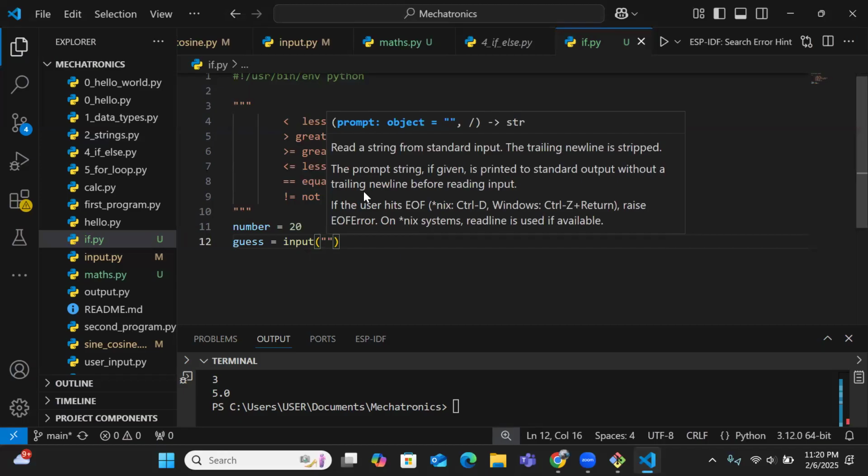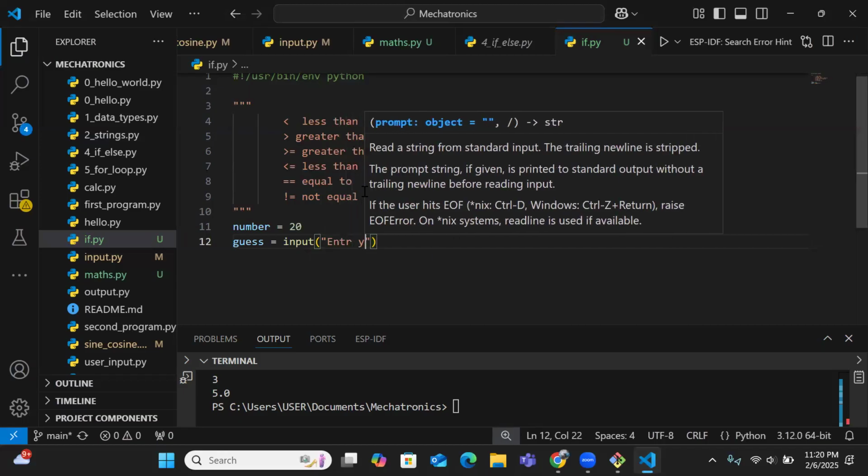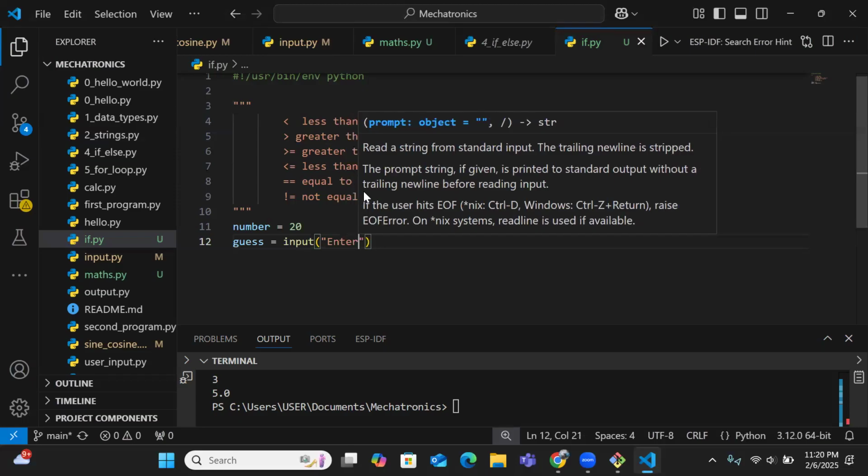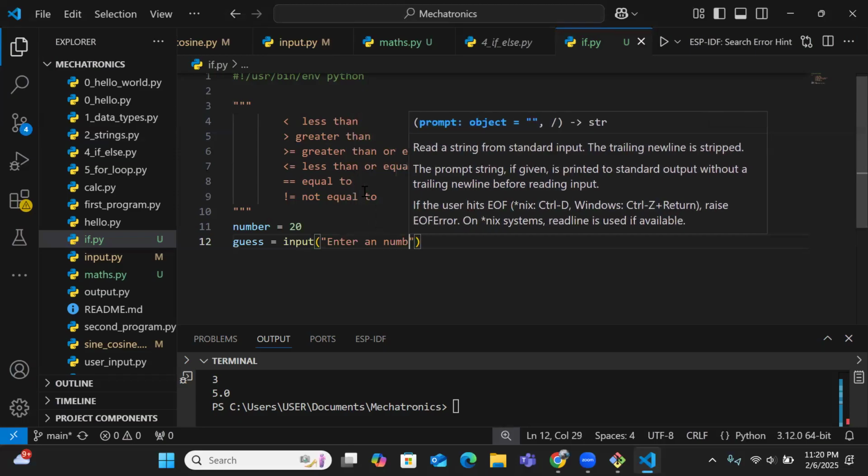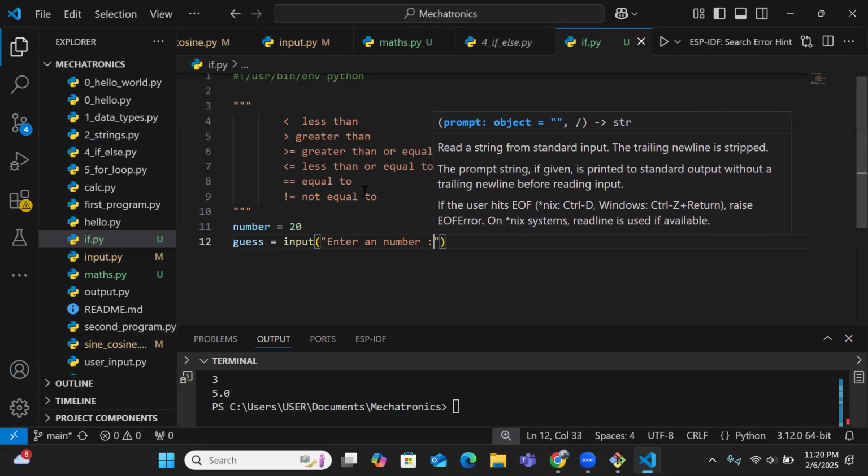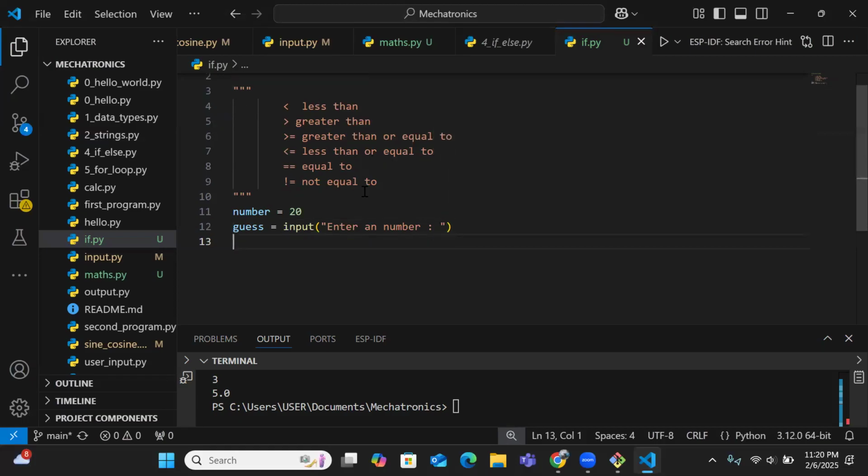You say enter a number. We want to guess the number which is there. Let's even make it easier for you. Enter a number between 1 to 25. You'll guess a number.